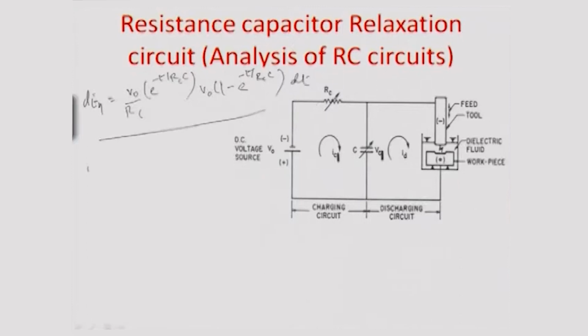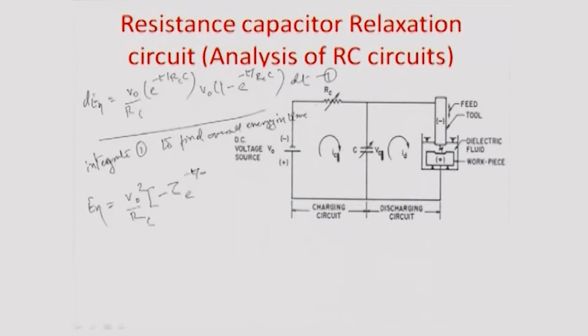So, if we integrate equation 1 here to find the overall energy in time, we have En equals V0 square by R times of minus tau e to the power of minus t by tau plus tau by 2 e to the power of minus 2t by tau plus K2.